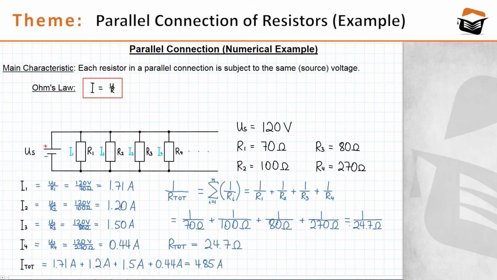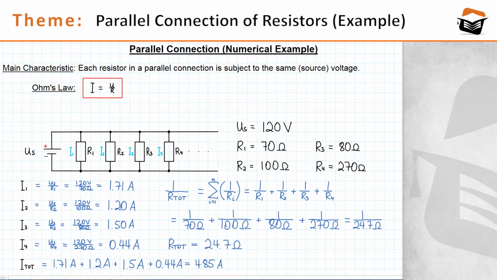Of course, you could use the other formula that I have stated in the previous video. That way you can compute your R_tot directly without taking the inverse. But as I said, the mathematical result should be identical. It's just that if you use the other formula, you have some more inverses, which again yields the same result in the end.